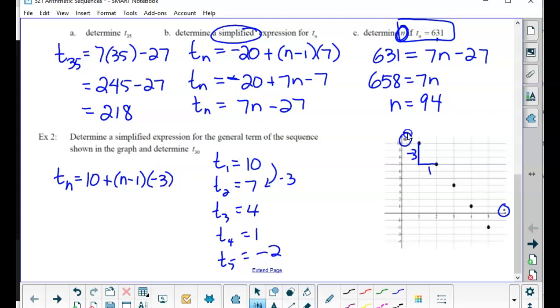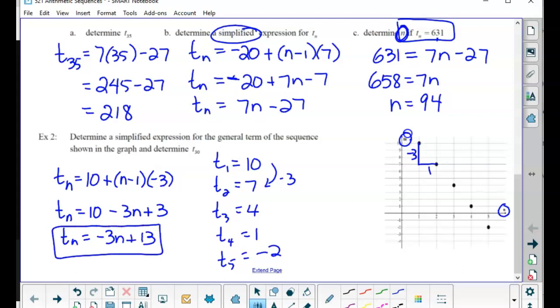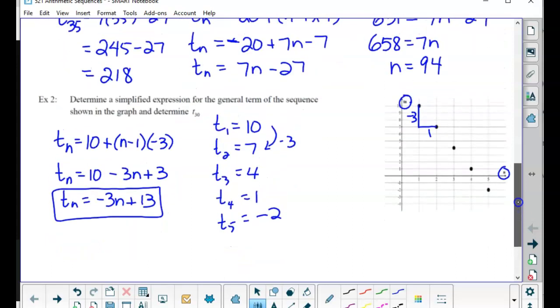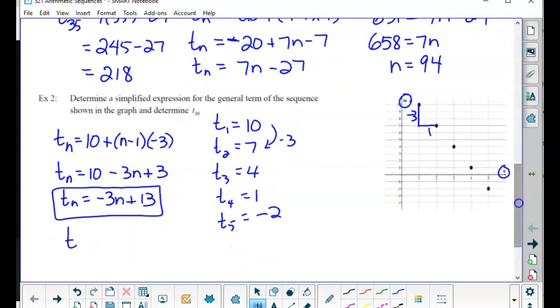All right, it says to determine a simplified expression, so we do need to expand and collect like terms. Then we want to find T30.